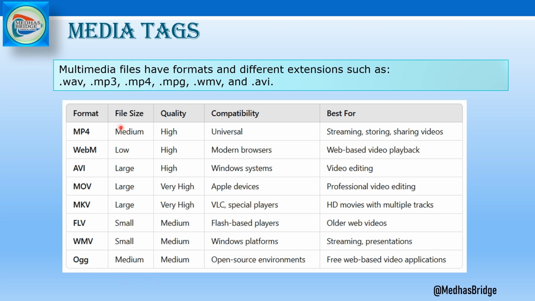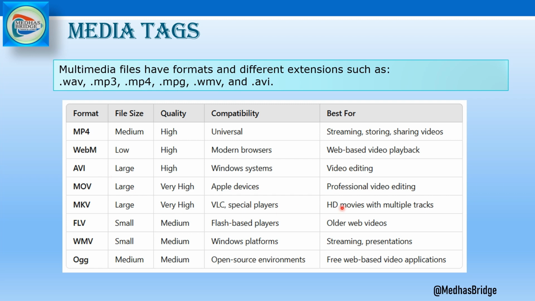If you look at file sizes and qualities based on the format that you have chosen, you could think what your file size could be and what kind of quality is going to be produced by those media players.